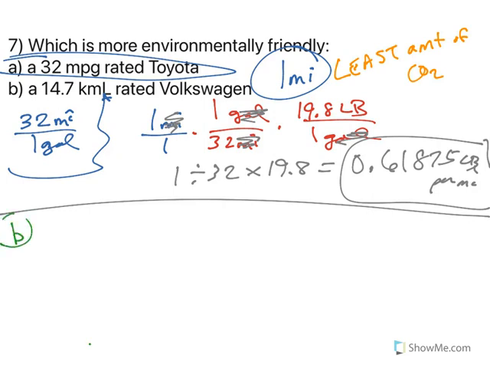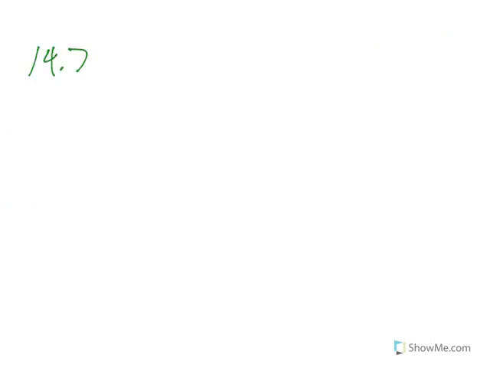Part B. This one, I have 14.7 kilometers per liter. So not only am I in kilometers per liter, I need to change kilometers to miles, and I need to change liters to gallons. So let's do that first. I'm going to do 14.7 kilometers over 1 liter.